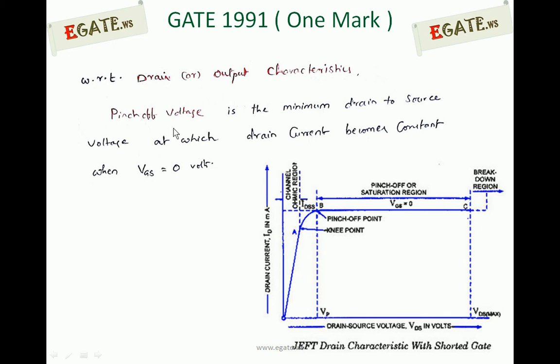So pinch-off voltage is the minimum drain to source voltage at which drain current becomes constant when VGS is equal to 0. This condition, VGS equal to 0, is very important. Only for this curve it is treated as pinch-off voltage. Pinch-off voltage with respect to drain is only defined for VGS equal to 0, not for any other value of VGS.